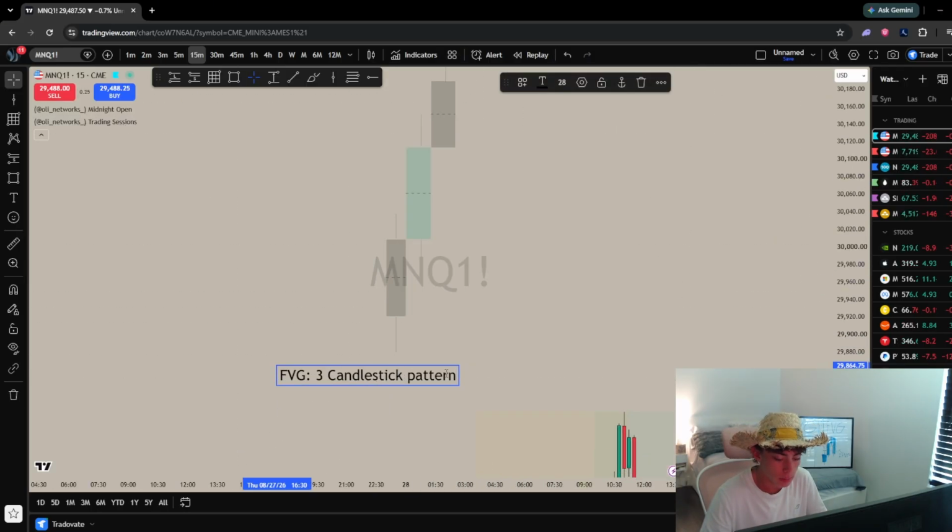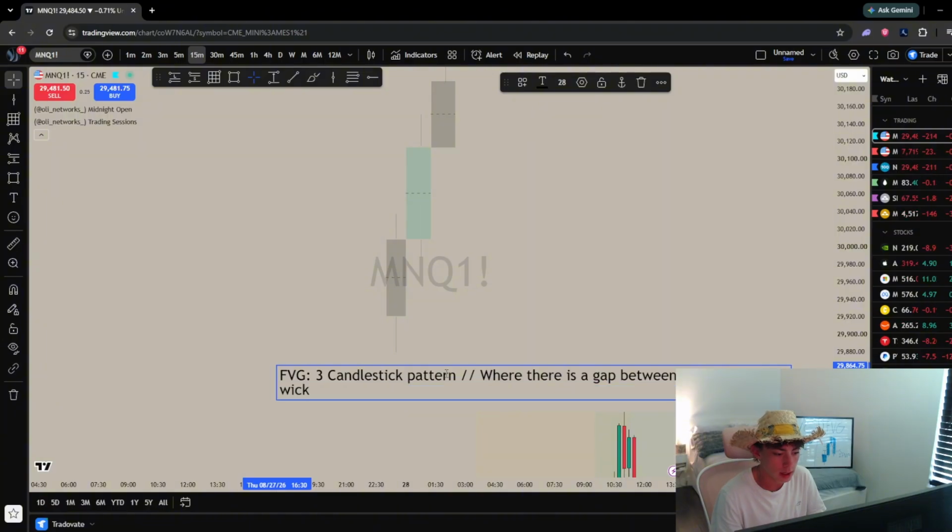So, a three candlestick pattern where there is a gap between the first candle's top wick and the third candle's bottom wick. Now let me fix this. And this is bullish only.